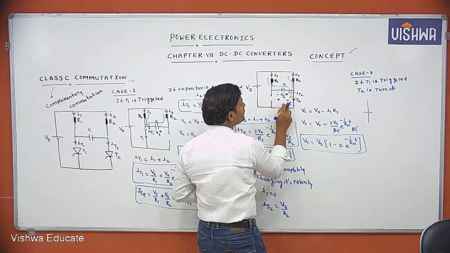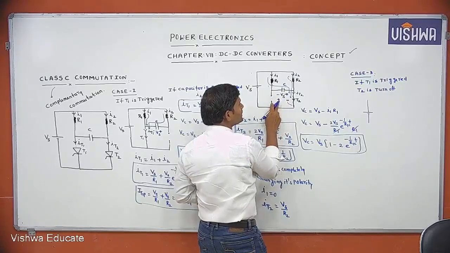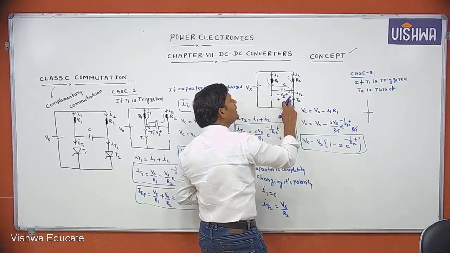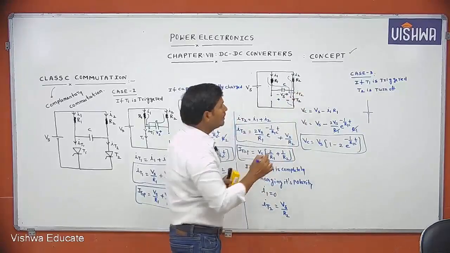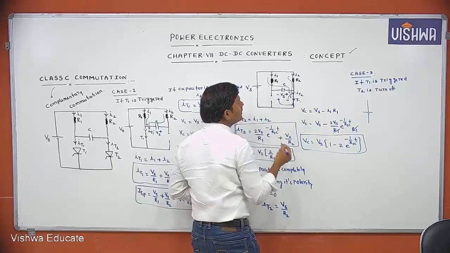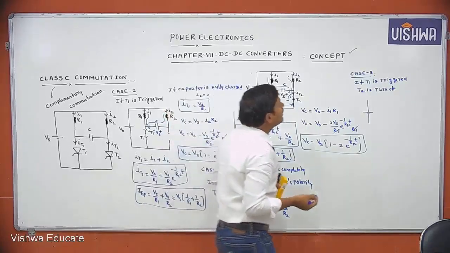With this polarity, the negative is connected here and the positive is connected here, so T2 will be turned off. Okay, now T2 is turned off.